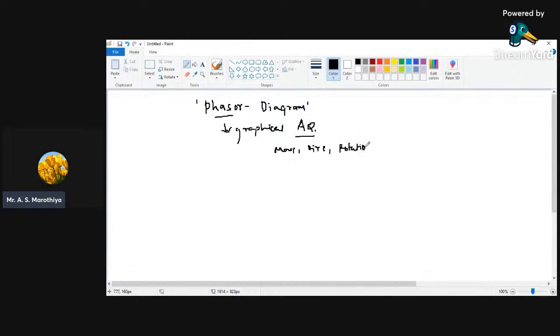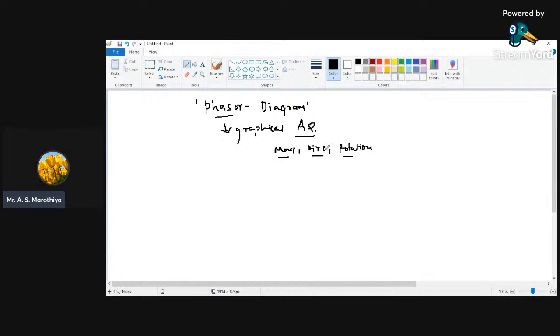That means a phasor representation for an alternating quantity represents three basic fundamental aspects. First one is its magnitude, second one its direction, and third one its rotation.